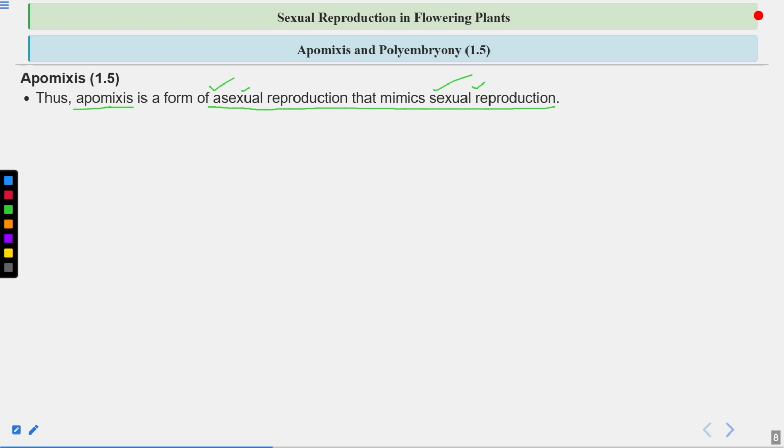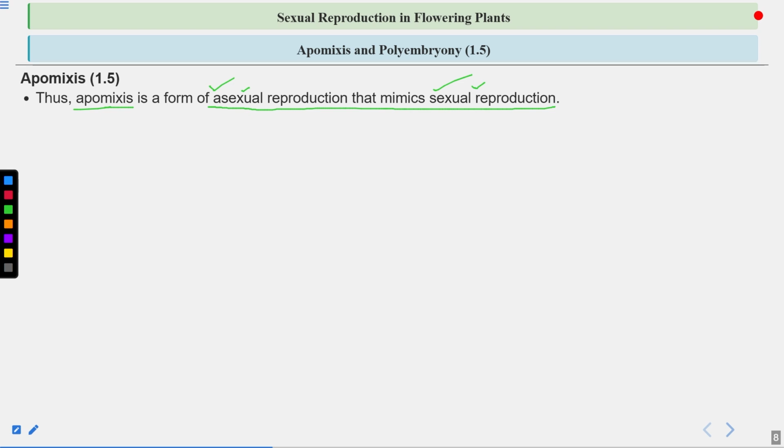So in both cases, in the normal condition, in sexual reproduction, there is a formation of seed, and when double fertilization is not taking place, by the asexual mode there is also a formation of seed, right? In both cases the seeds are formed, but there is a huge difference.